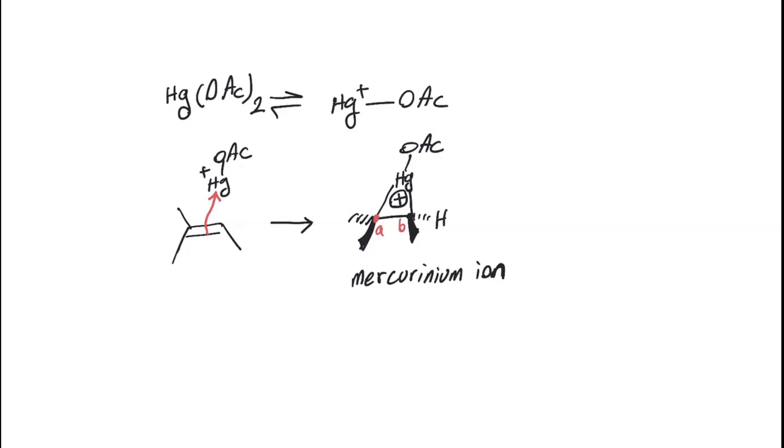And sometimes we draw the intermediate like this. So we show the bond between the more substituted carbon and the Hg as a partial bond.